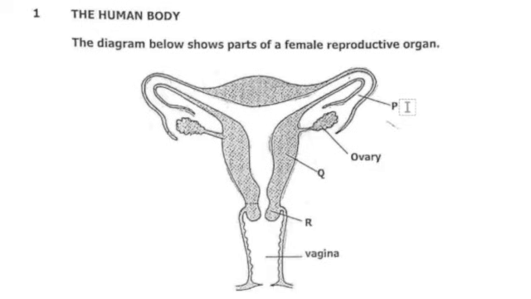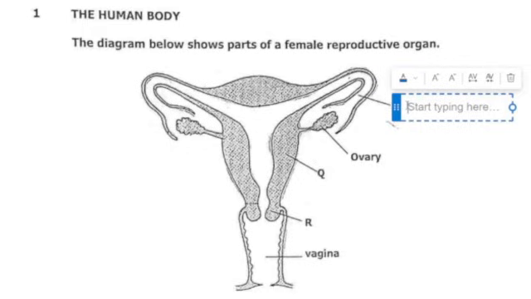What is P? We know that P is fallopian tube, which is also called oviduct.